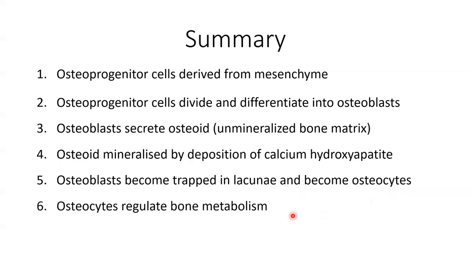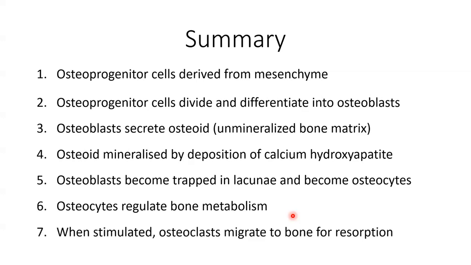Our osteocytes regulate bone metabolism, so they're involved in bringing nutrients to the cells and taking away the waste. And then when stimulated, and in the next section we'll talk about what actually stimulates osteoclasts, our osteoclasts will migrate from the bone marrow to the bone and complete that breaking down process, that resorption.